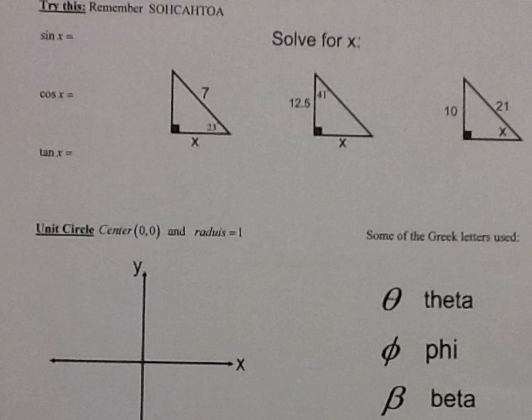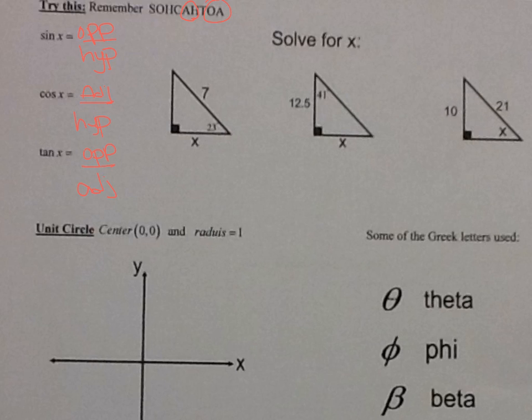All right, so that means sine is the O and the H, opposite over the hypotenuse. Cosine, which has the A and the H here, is adjacent over hypotenuse. And TOA, which is the O and the A, is opposite over adjacent.